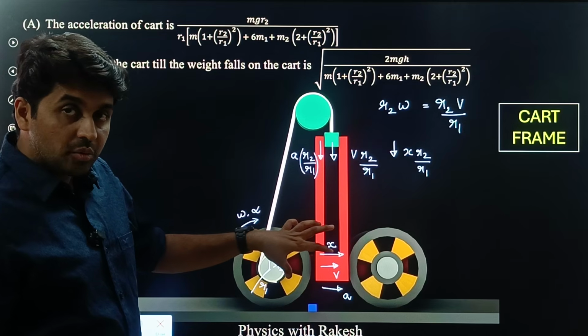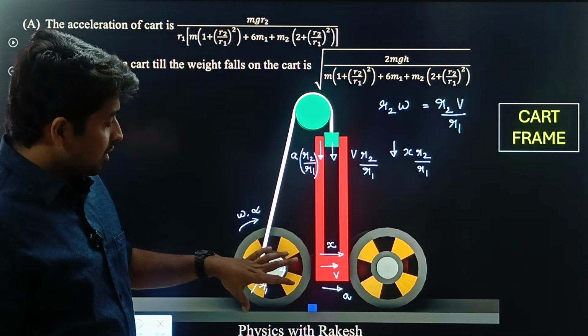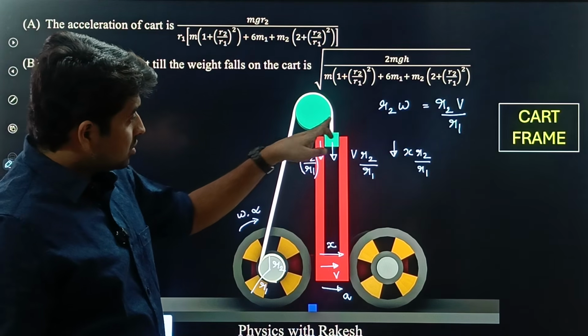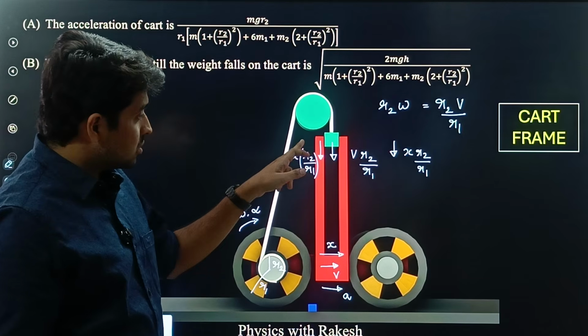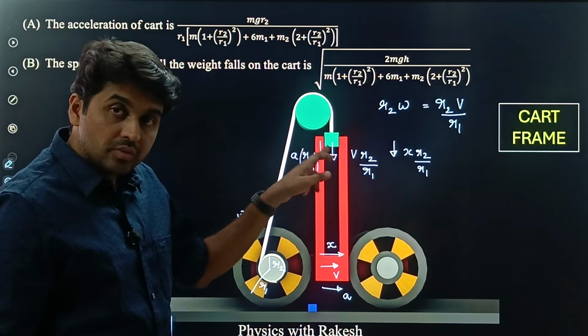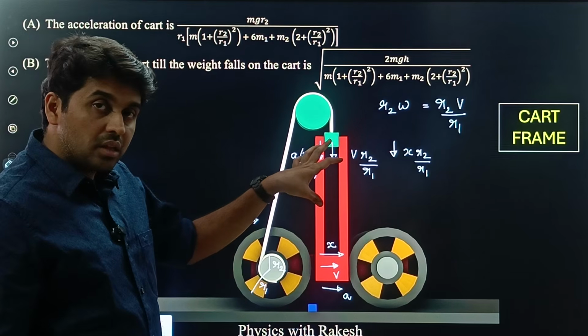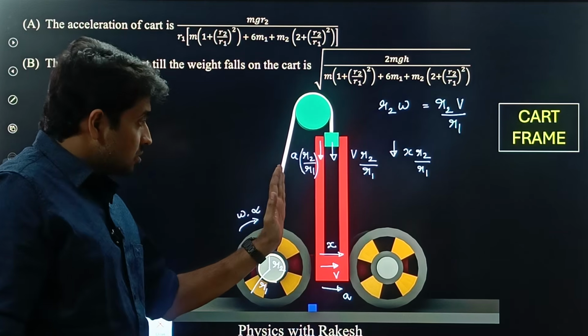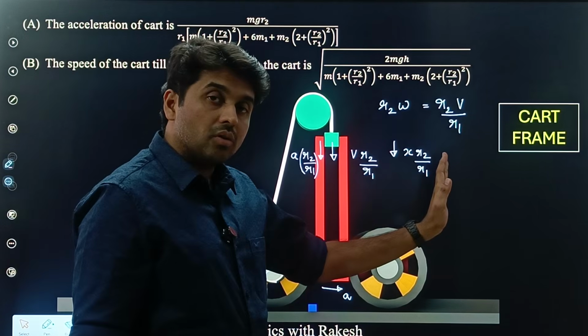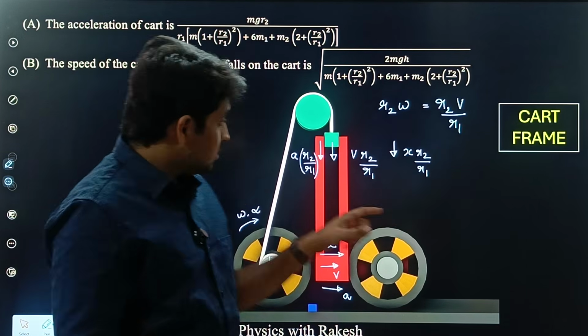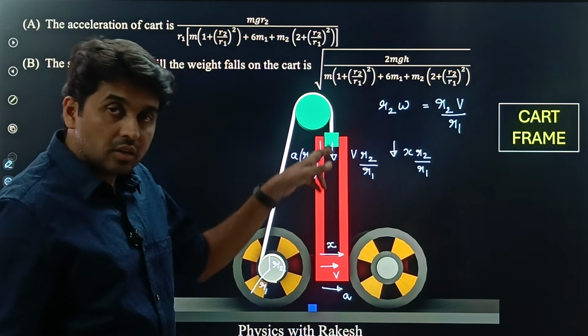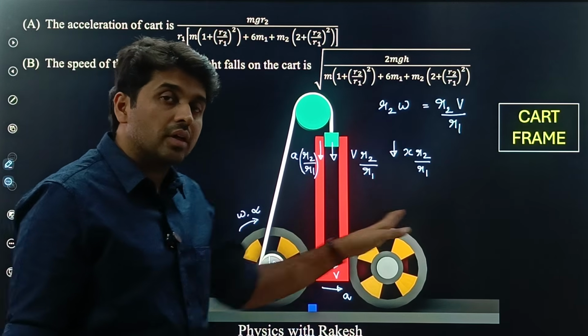Now this is in the frame of the cart. If we take the frame of the ground, the velocity, the acceleration or the displacement of this mass is the motion vector in the frame of the cart plus the vector of the cart. That means velocity of this mass with respect to the cart plus velocity of the cart.